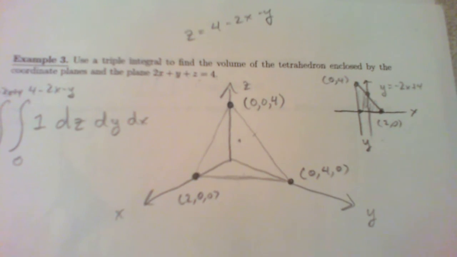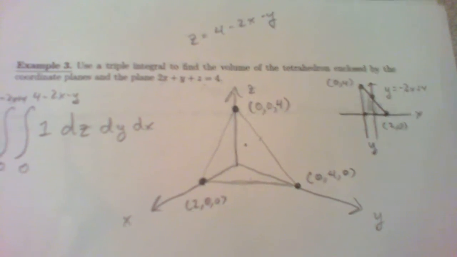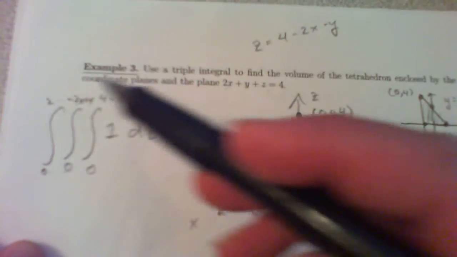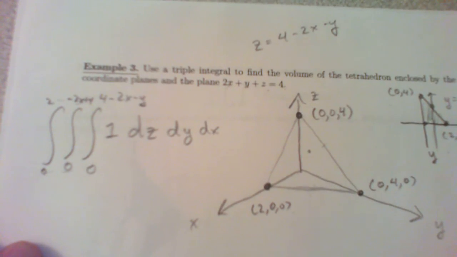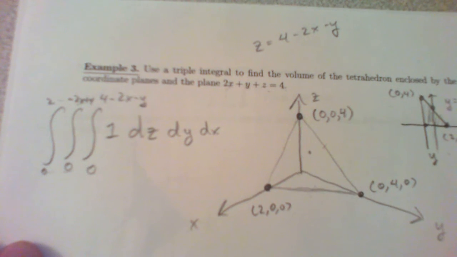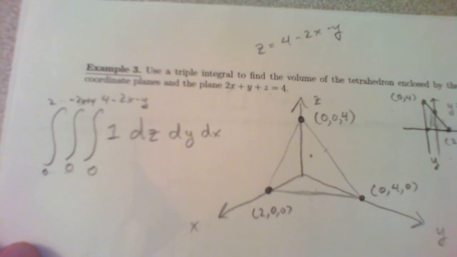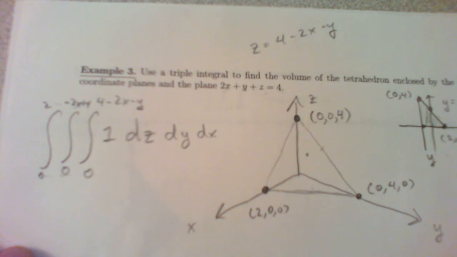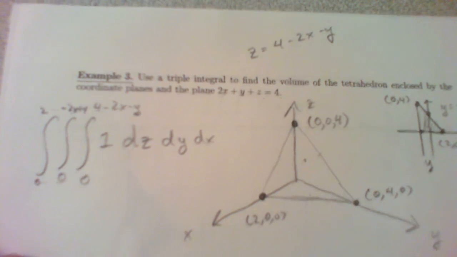So that is one way. And if you wanted to do the other way, with x coming in first, that's okay. If you want to start switching this around, you can, and that's what the last problem's about. But I would suggest just set it up the way that's the easiest. All right, let's look at the last one here.